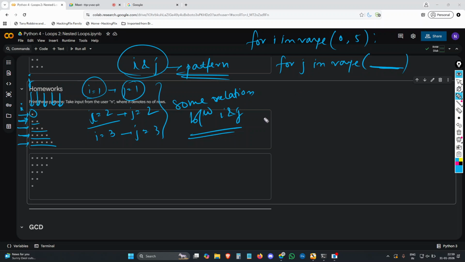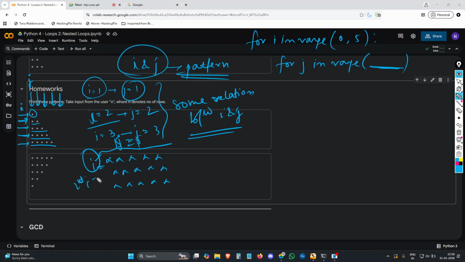Initially, for this kind of pattern, for every value of i, j was running five times. But now we have to be careful that for the first iteration of i, j has to run one time.